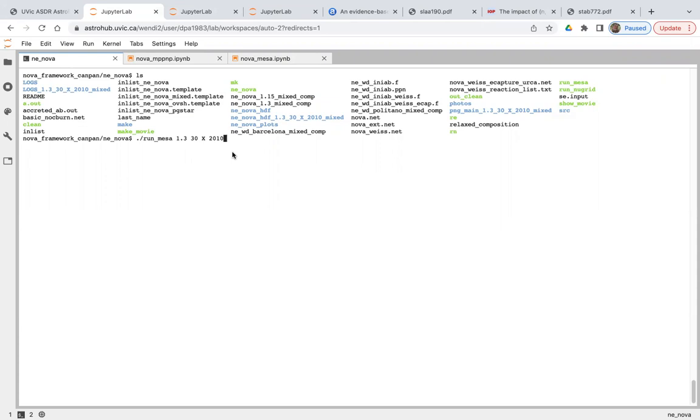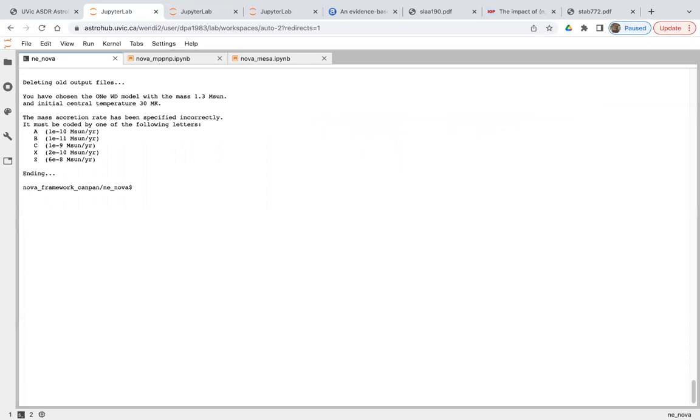If, for instance, I use for the mass loss rate a letter which is not available, the script will explain which letters for the mass loss rate are available. You have chosen the oxygen-neon white dwarf model with the mass 1.3 and initial central temperature 30 megakelvin.